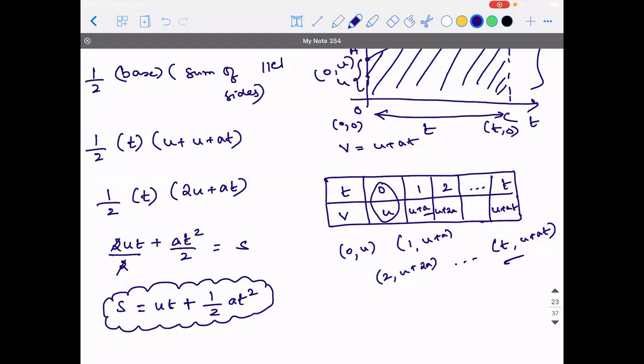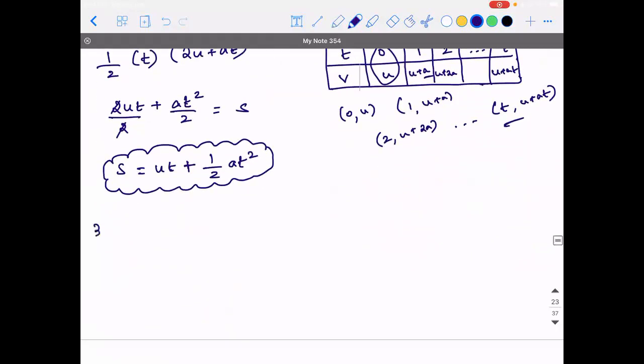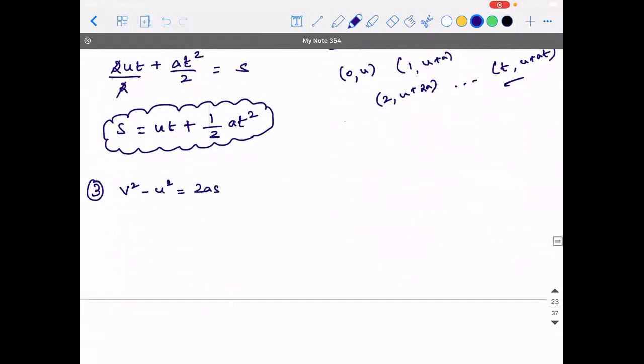Is it over, guys? So for v square minus u square is equal to 2as, from 1 we know that v is equal to u plus at.